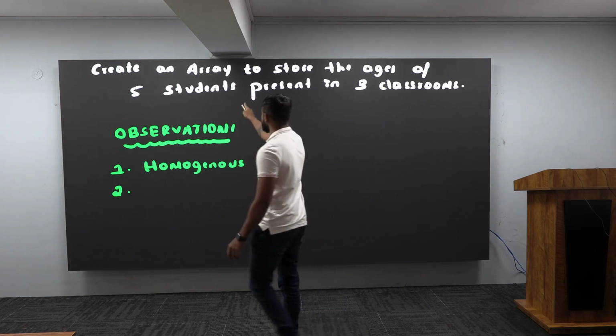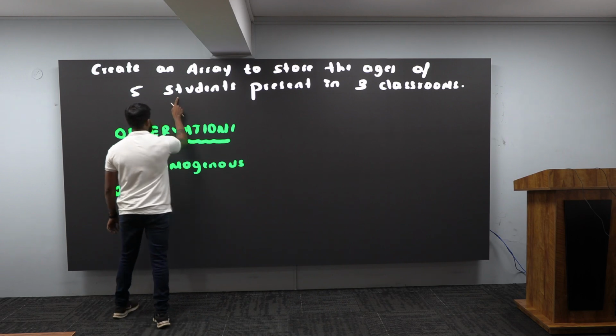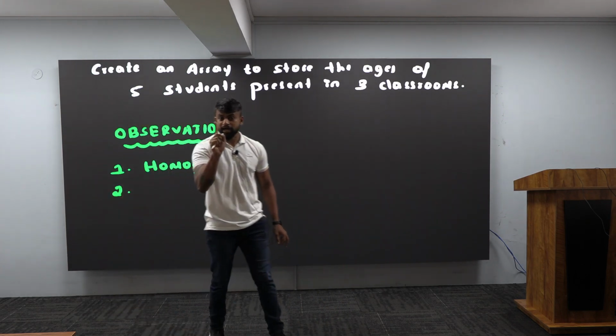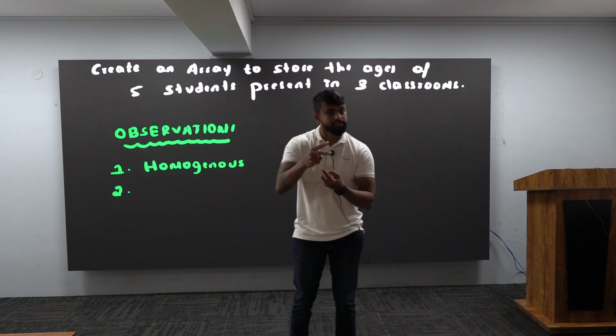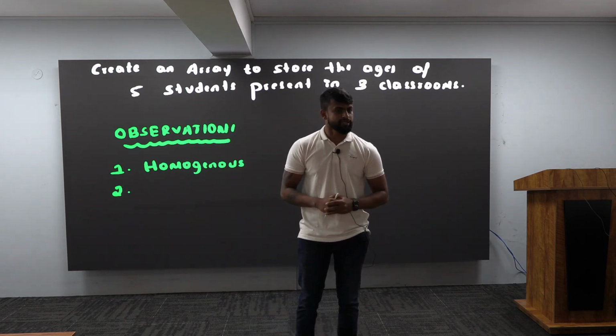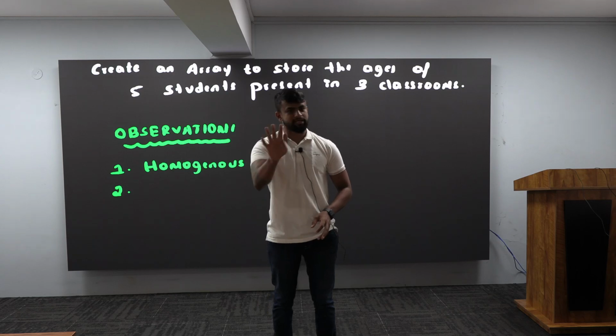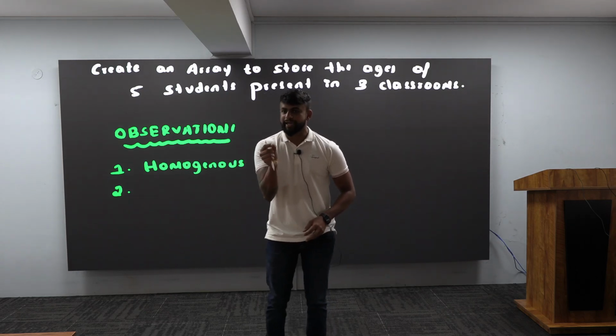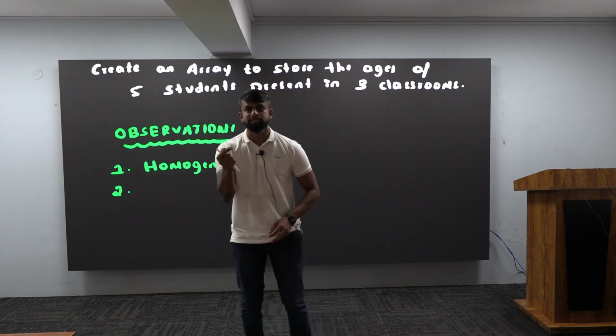But in this case, directly students are not available for you. Instead, classrooms are available, and after that, students. There are 5 students in this classroom, 5 students in the classroom below. To store the ages of the students, I will not get students directly.